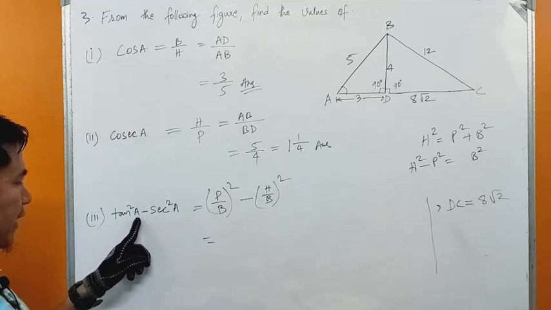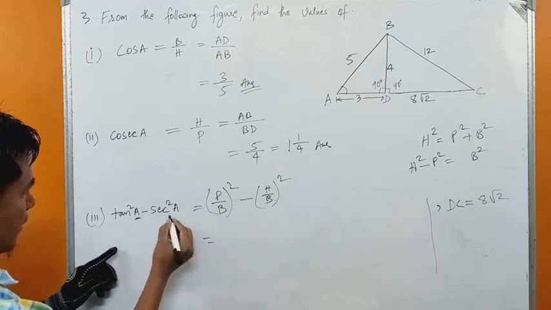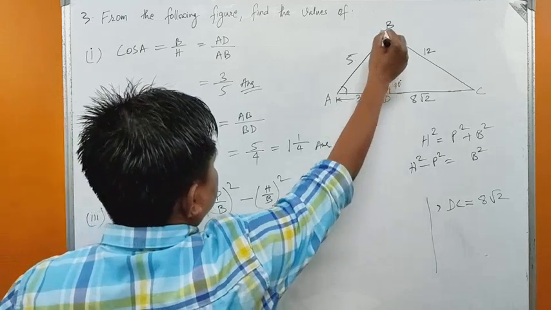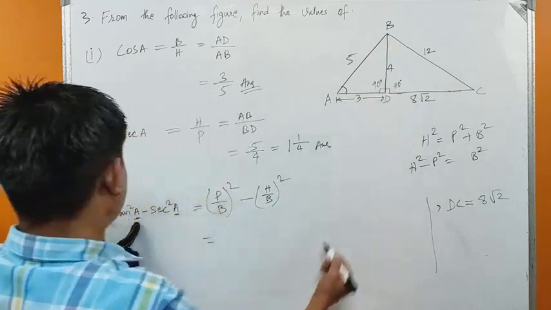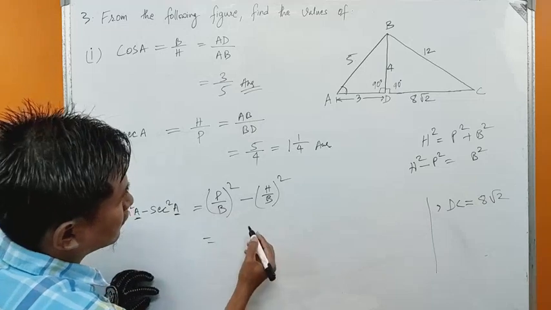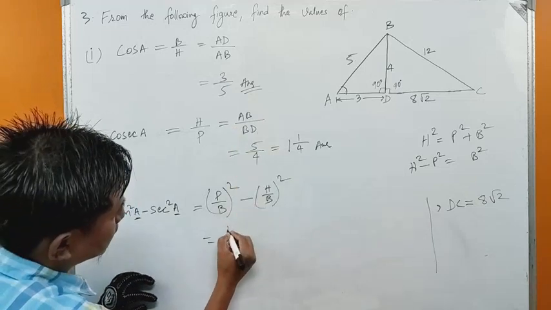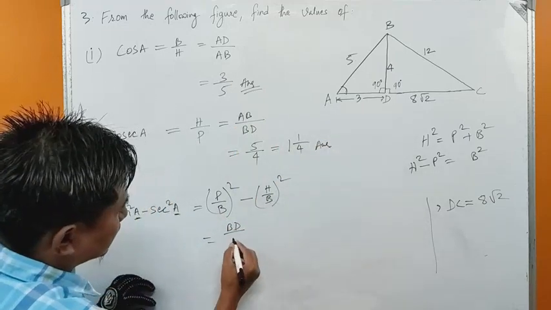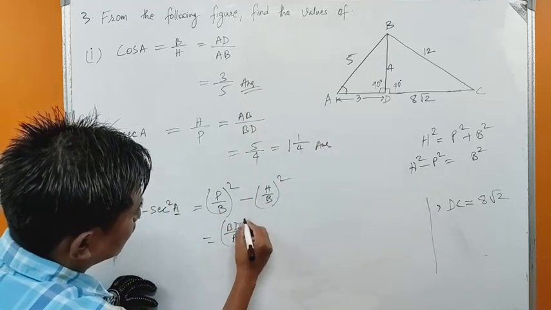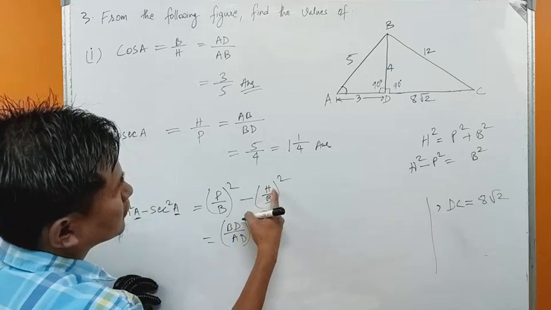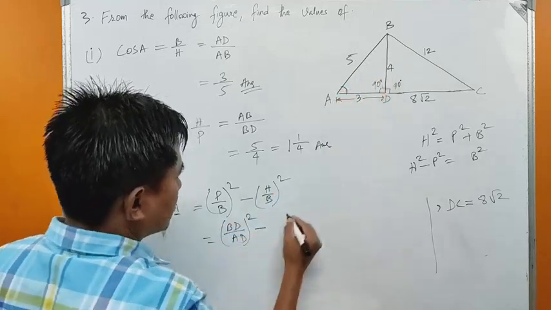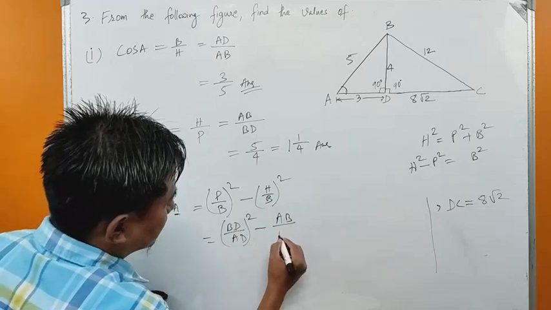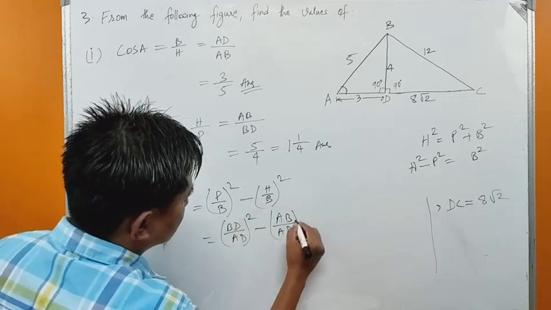So we are talking about angle A. When we talk about this angle, this becomes perpendicular, this becomes base, isn't it? So perpendicular is BD, and base is AD, whole squared, minus hypotenuse AB upon base AD, whole squared.